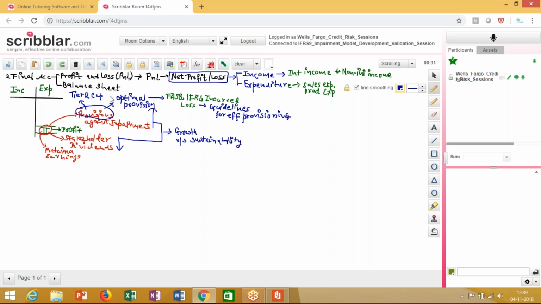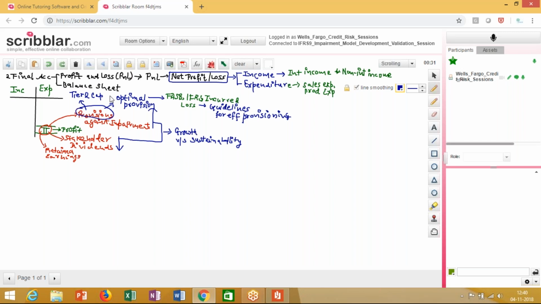So let's not say a central bank's requirement. Basically, the central bank recognizes Basel as an adequate framework which can help them ensure the capital adequacy of the banks under them, right?